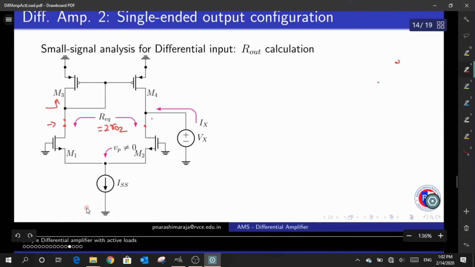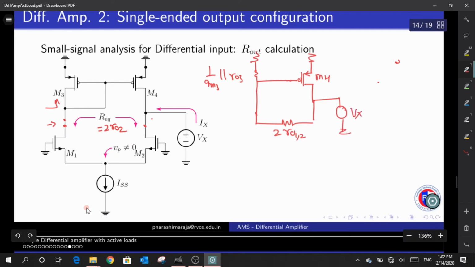So what is the small signal impedance of this M? I have a resistance whose value is 1 by GM3 in parallel with RO3, and from here to here there is a resistance whose value is twice RO1, 2, and then I have... I'm just going to visualize this Ix as a branch of 3 currents.